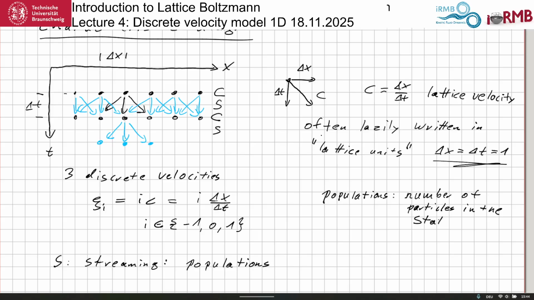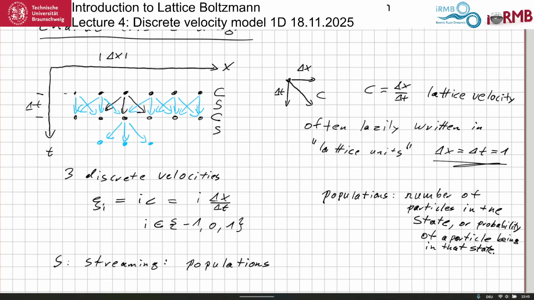This is one interpretation, or the probability of a particle being in that state.